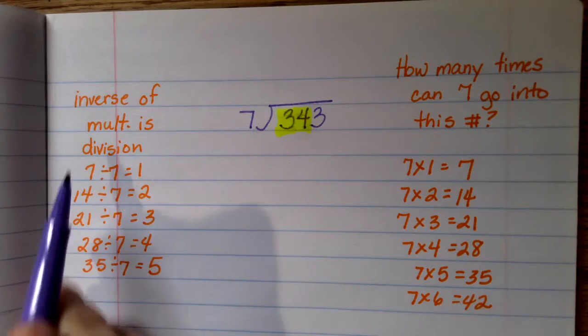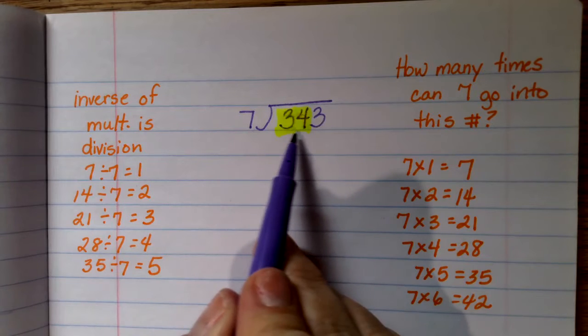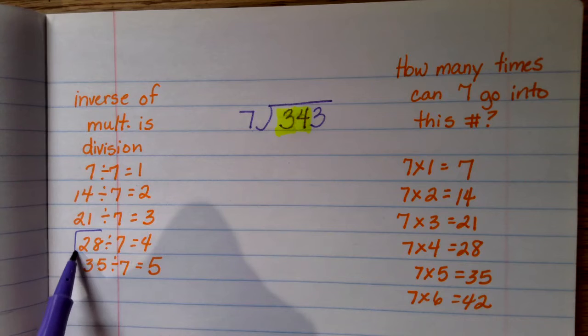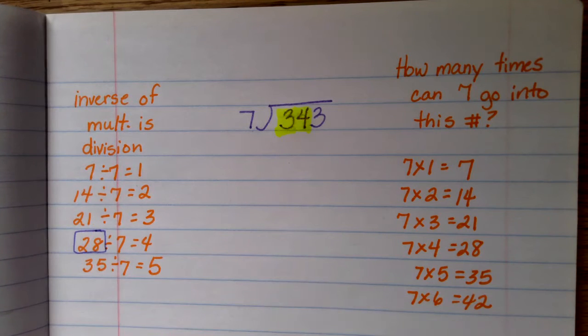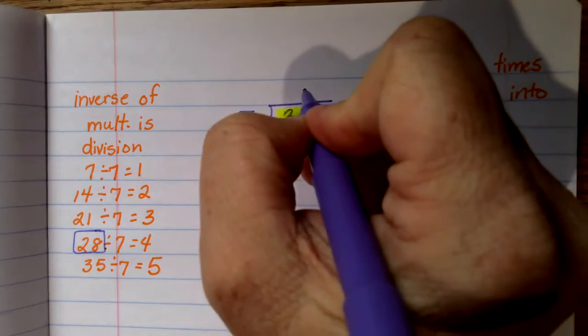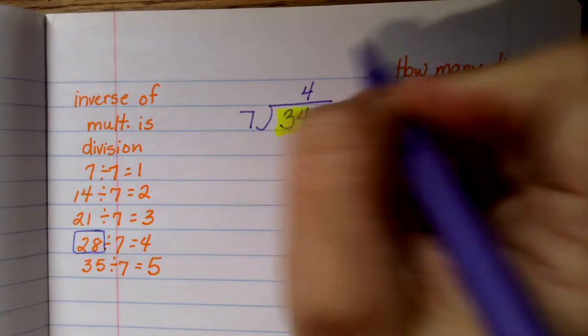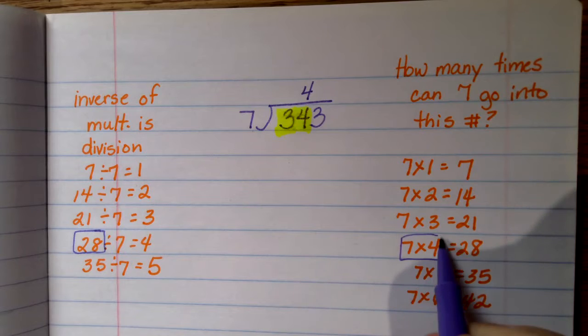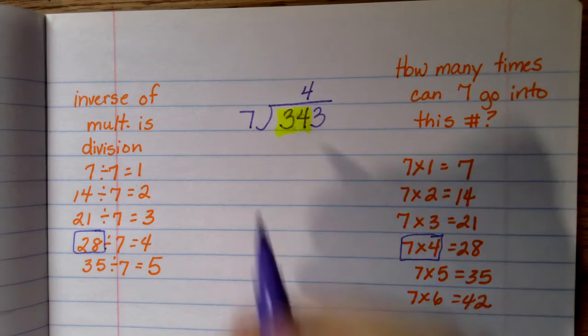Or if I want to look at it this way, my dividend has to be less than 34. I know that I can do 28 divided by 7 equals 4. So if I do 34 divided by 7, I know that it will go in 4 times. That 4 times 7 is 28.